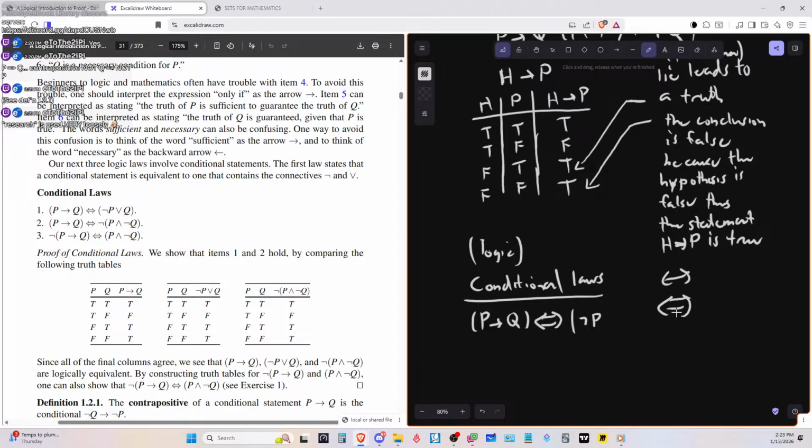Is there a difference? Now that question's in my head. Okay, that's 1, 2. P implies Q.